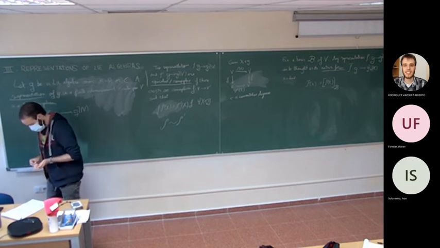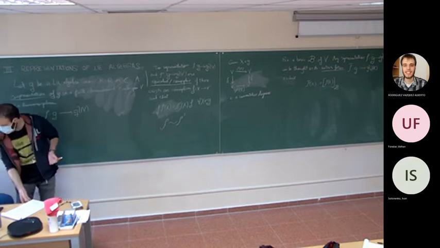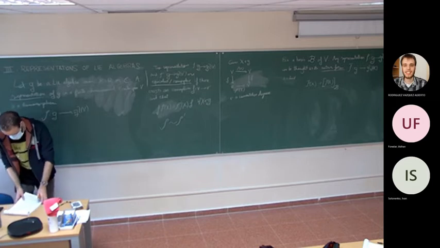And finally, another construction that we can make, apart from the matrix form of a representation, is the dual representation.